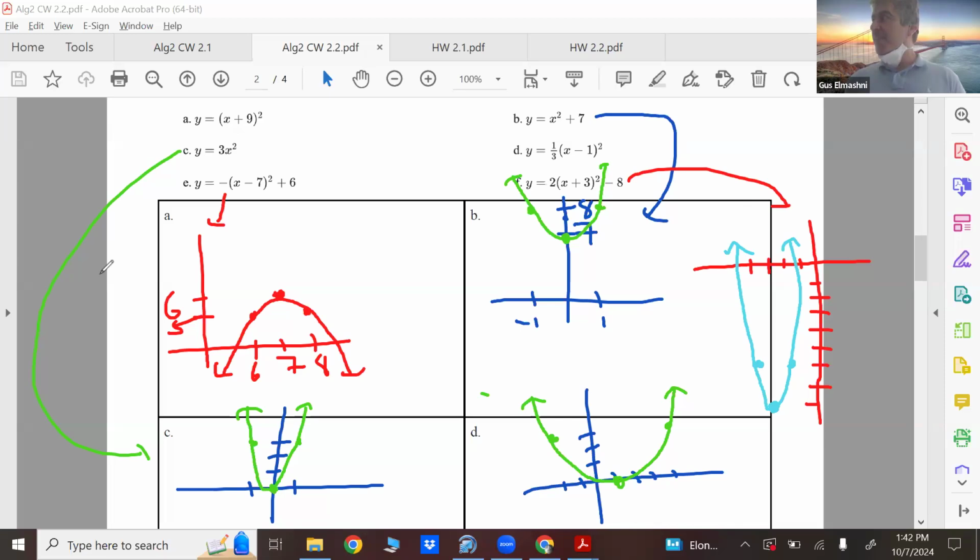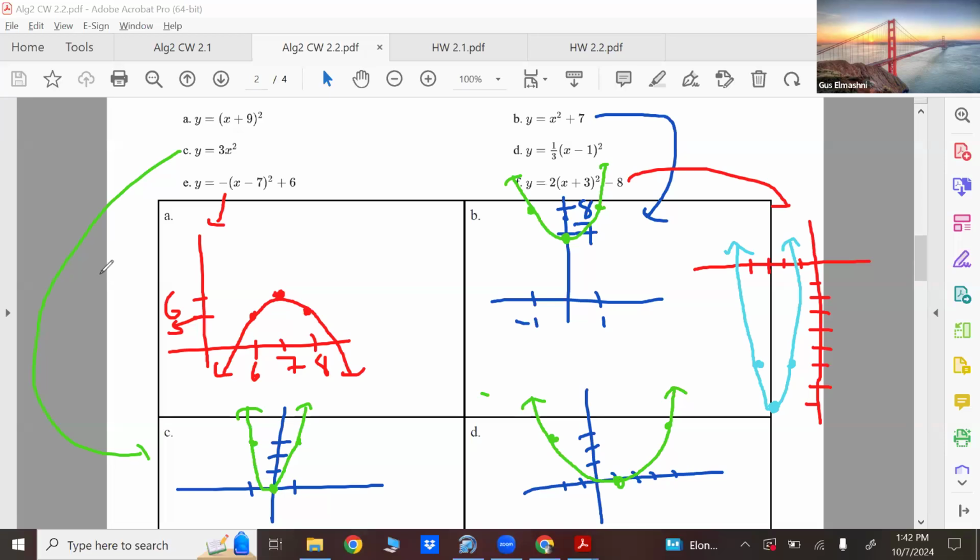All right. Here we go, guys. So what's happening here? For B, in blue, you go up 7 units and have it point up. Plug in 1 and then -1 to get 8. For C, it's down here.